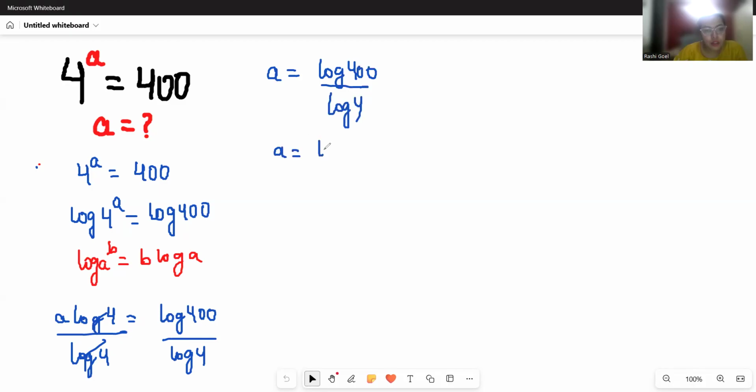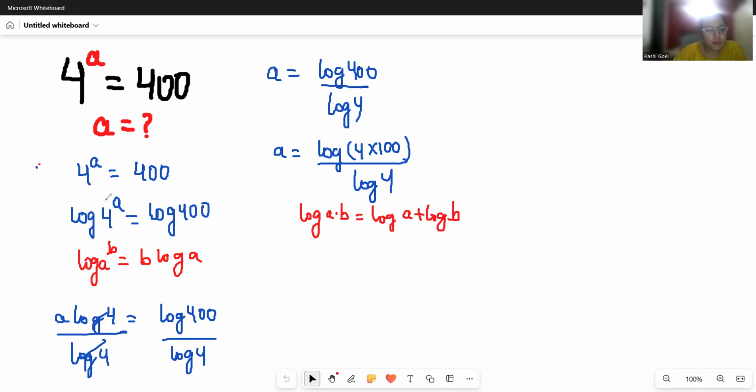Now I am writing 400 as 4 times 100, over log 4. As per the log rule, log (a times b) can be written as log a plus log b. So here a = (log 4 + log 100) / log 4.